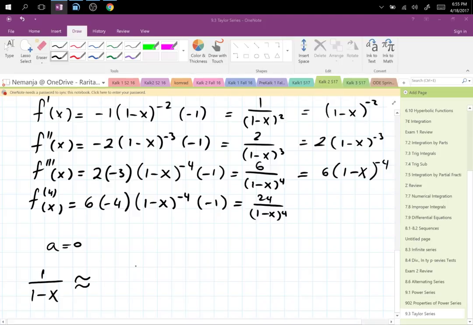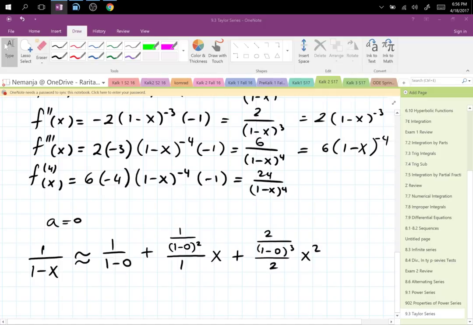We have f of a, which at 0 is 1 over 1 minus 0, plus the first derivative, which is 1 over 1 minus 0 squared divided by 1 factorial times x, plus the next one is 2 over 1 minus 0 cubed divided by 2 factorial, which is 2 times x squared, and one more term.